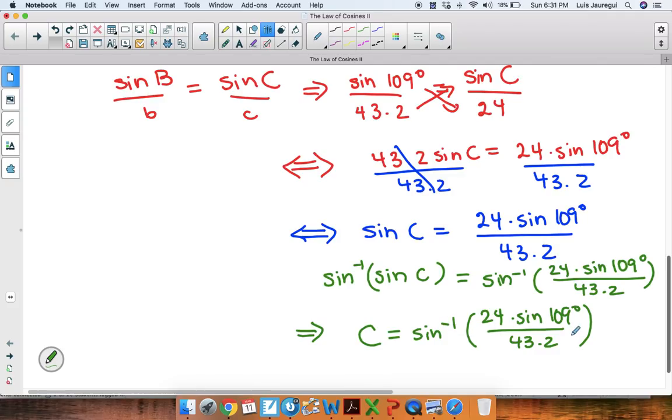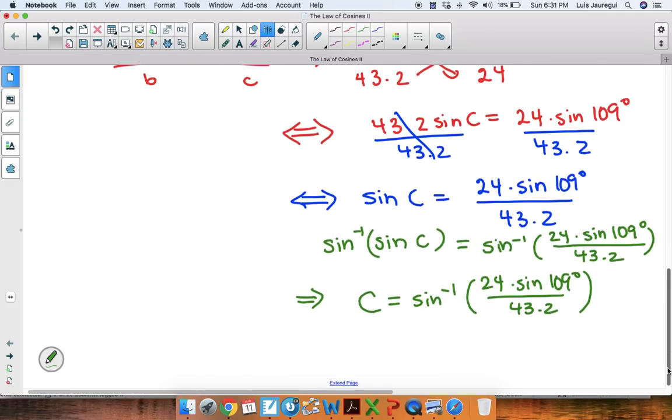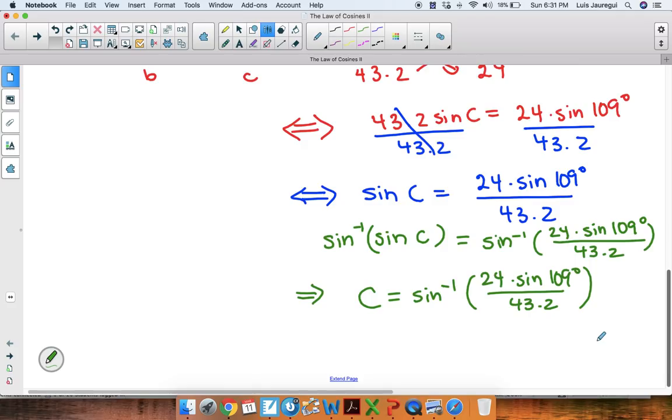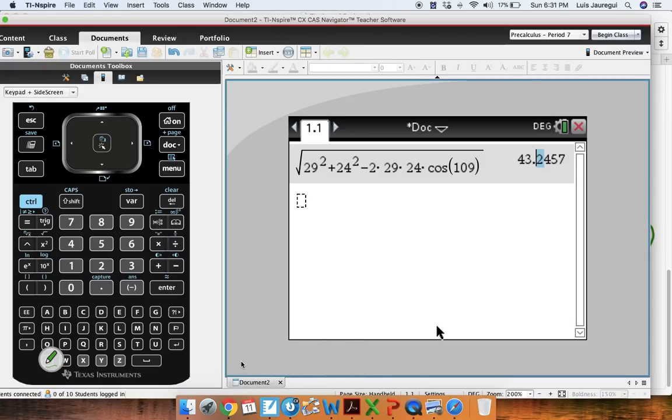But that is the exact solution. And going back to the instructions, they're actually asking us for an approximation rounded to the nearest tenth. So we're going to use technology one more time, and we can say that C is about, well, let's see. Let's go ahead and enter this into the Inspire. So we have sine inverse.